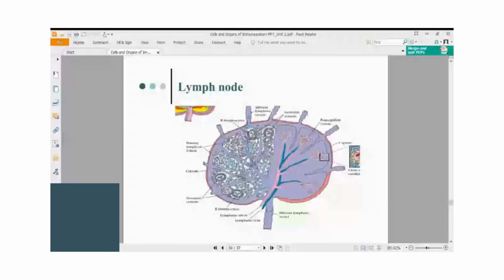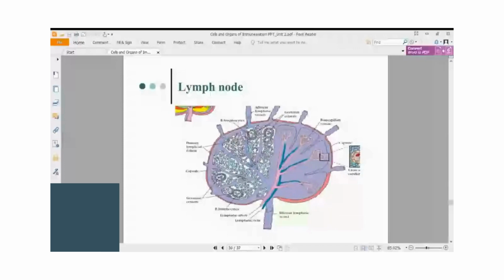They themselves have the ability to encounter the antigen on their own, other than the antigen being presented by the professional antigen presenting cells. If they encounter the antigen on their own, they are capable of processing that antigen and then presenting that antigen on class 2 MHC.